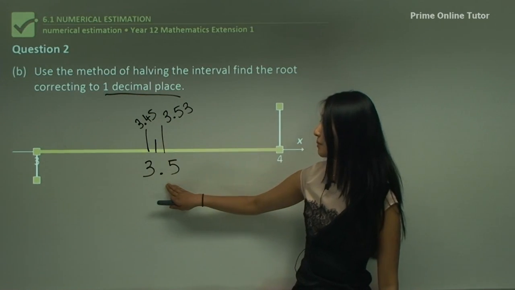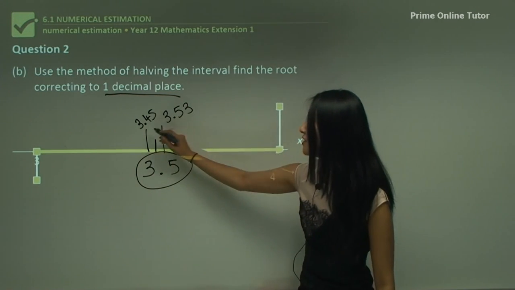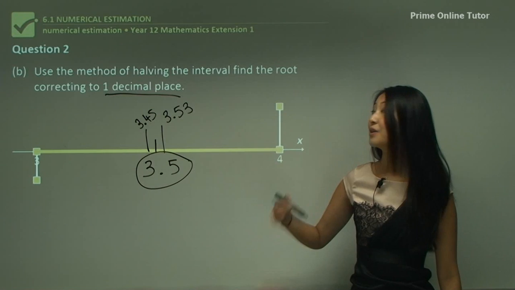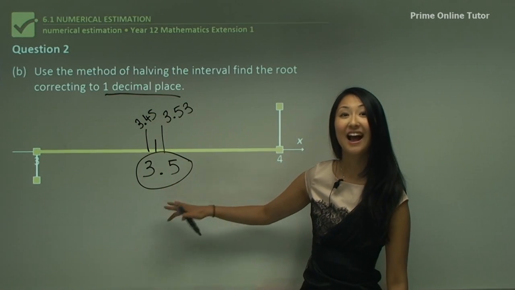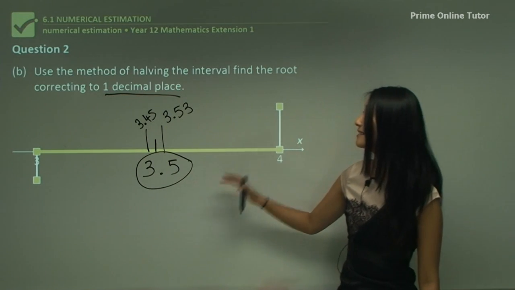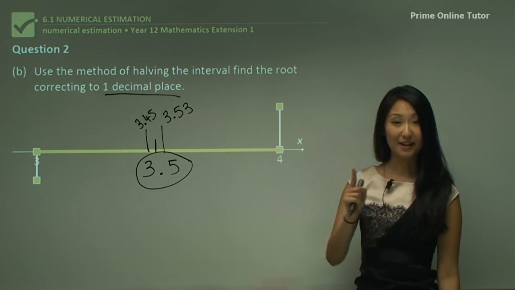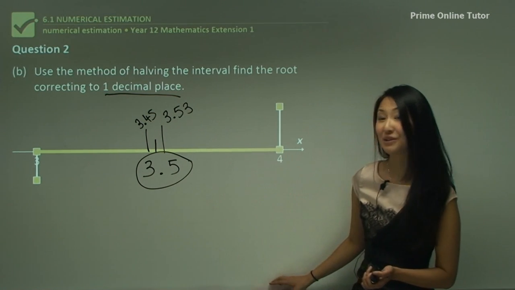That would round to 3.5 and that also rounds to 3.5. So those two intervals agree to the same one decimal place, okay? And that's when we can say that 3.5 is the root to one decimal place, because it must be, since it's between those two that both round to that.